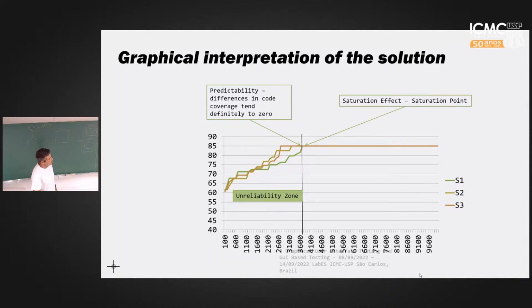We call this the saturation point, where I use the predictability, because I know from the theory that if I launch 2 or more testing processes, when t tends to infinity, the difference between the adequacies tends to 0.